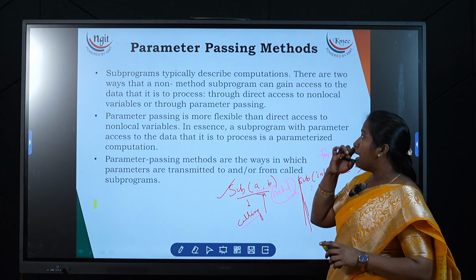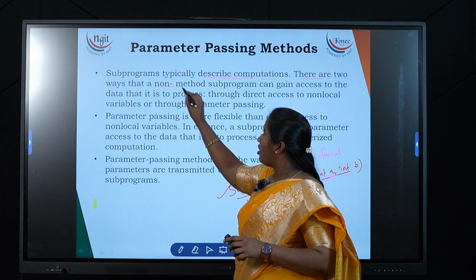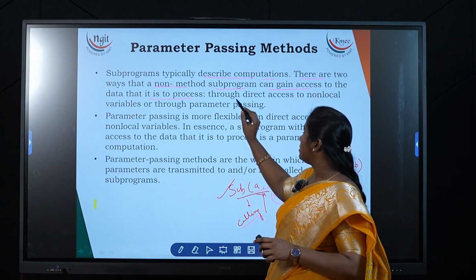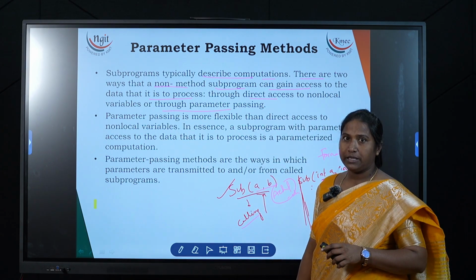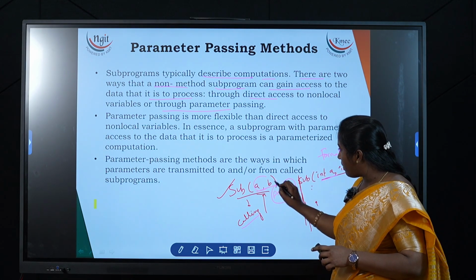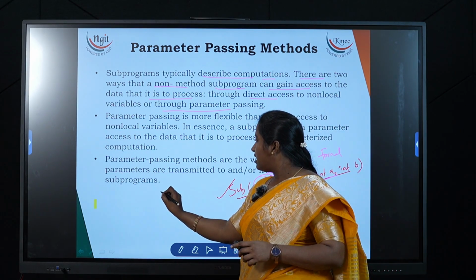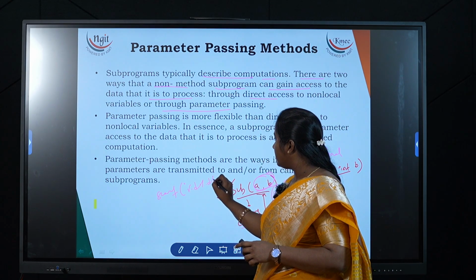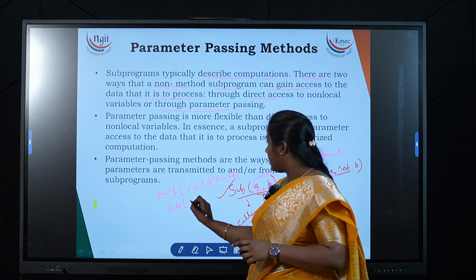Now let's see, subprograms typically describe computations. There are two ways that a non-method subprogram can gain access to the data to process: through direct access to non-local variables, or through parameter passing. Here I can give a scanf statement to read the values, and after I read these values, I can write sub(a, b).